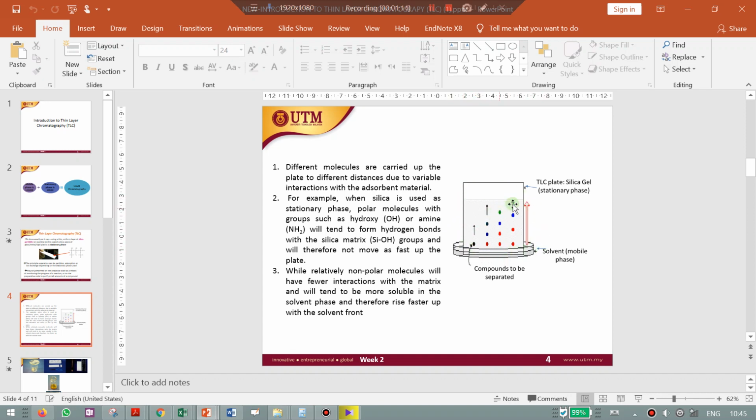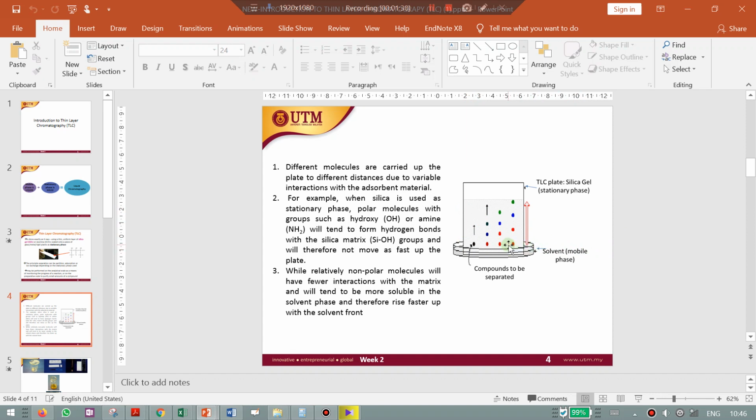Your silica gel, basically silica hydroxyl, is polar. It's a polar stationary phase. So polar and polar will interact much longer. Polar will love polar compound. So if you have a polar compound, it will go upwards slowly compared to the non-polar one.